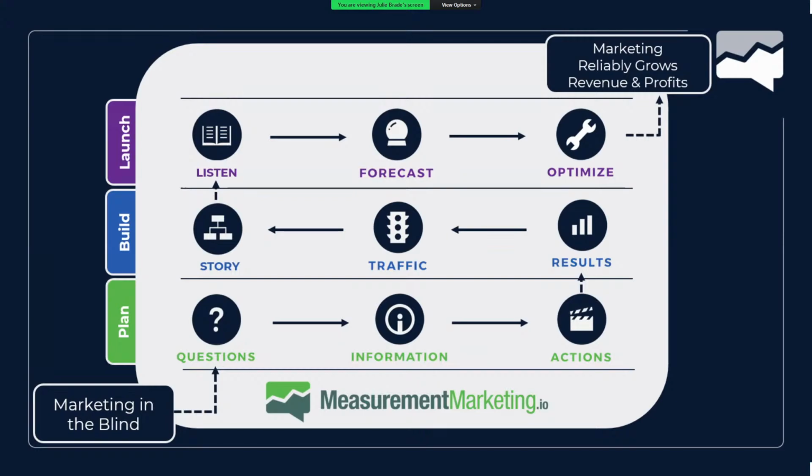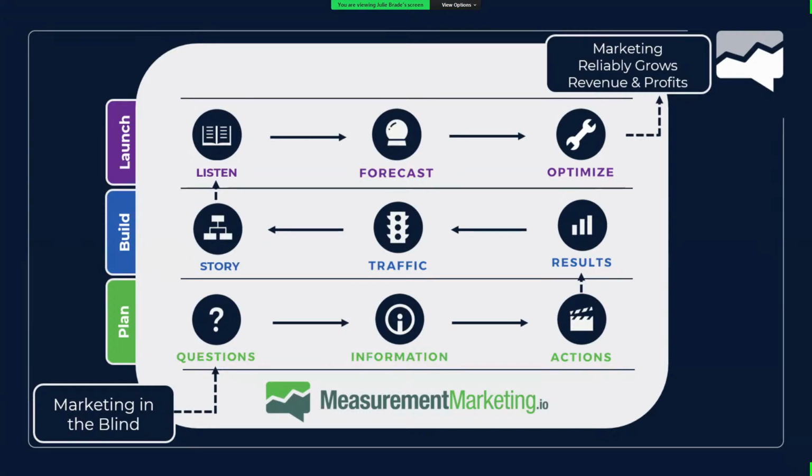During these steps, you're going to go through different parts of your framework. In the plan, you're going to have your questions. You're going to make sure you're asking the right questions to get the right information so that you can take natural action. Thus, you're going to be able to have the results and understand the traffic and then build a better story.